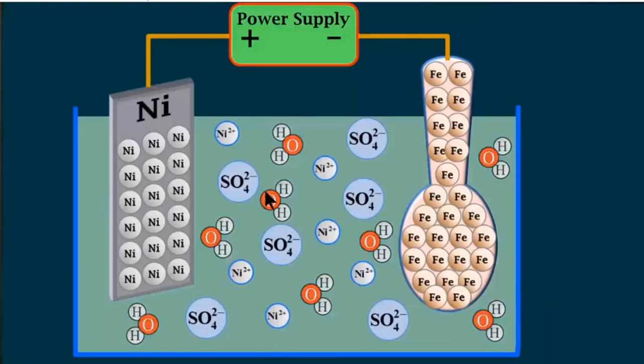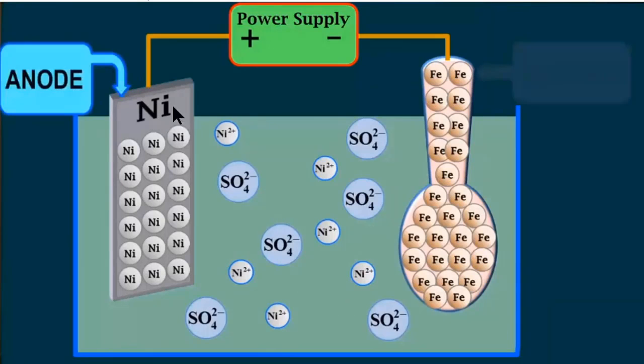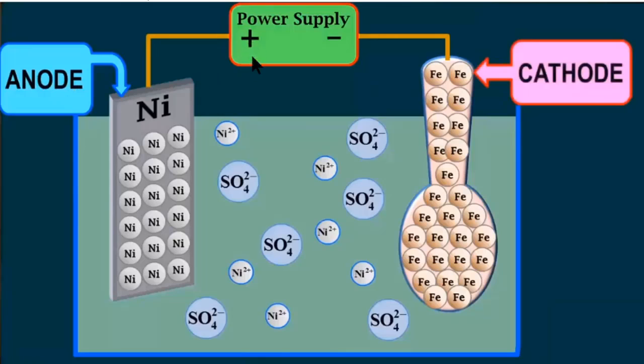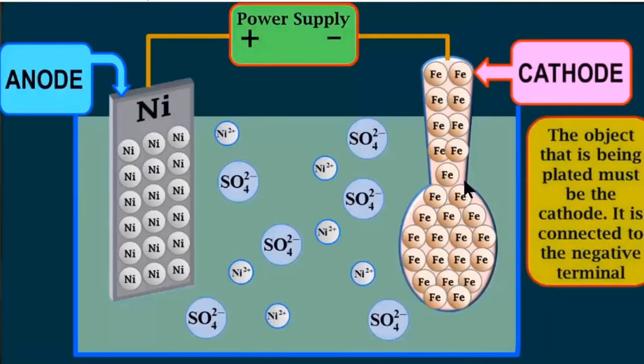But remember that now I am removing these water molecules so that you understand better. But remember that they are already present in the solution. So nickel electrode is anode because it is connected to positive terminal, and iron spoon is cathode, which is negative terminal. So they are very important things you have to understand. The object that is being plated must be cathode.